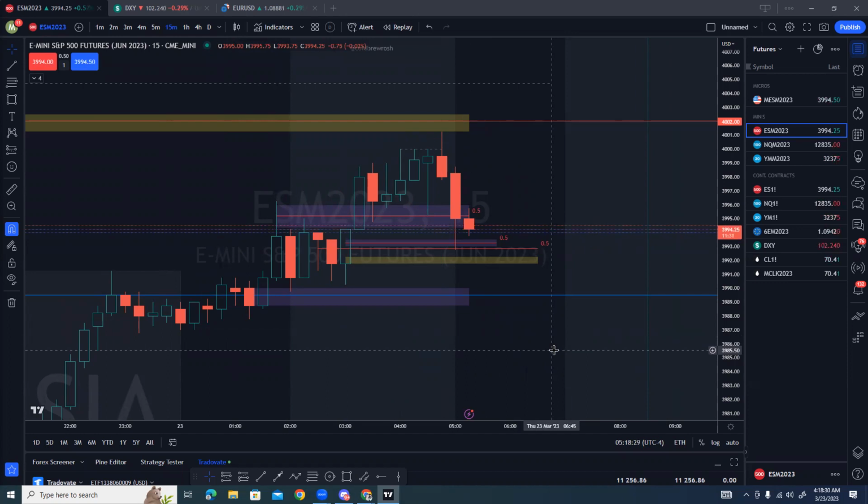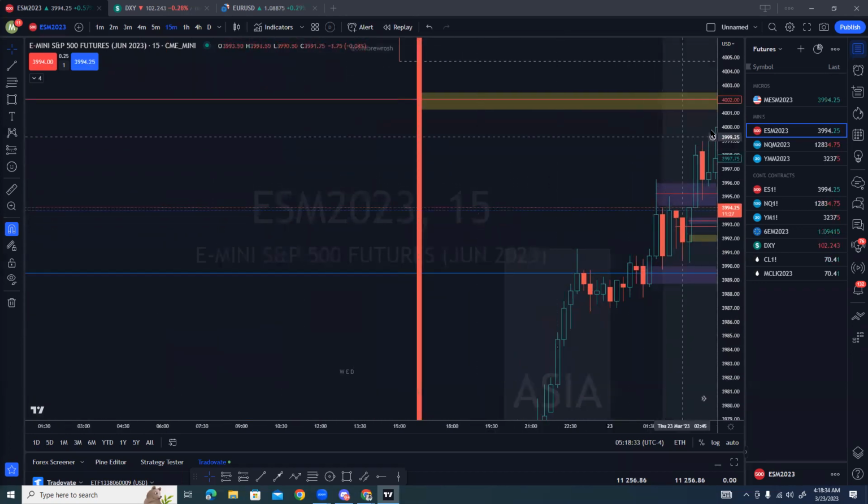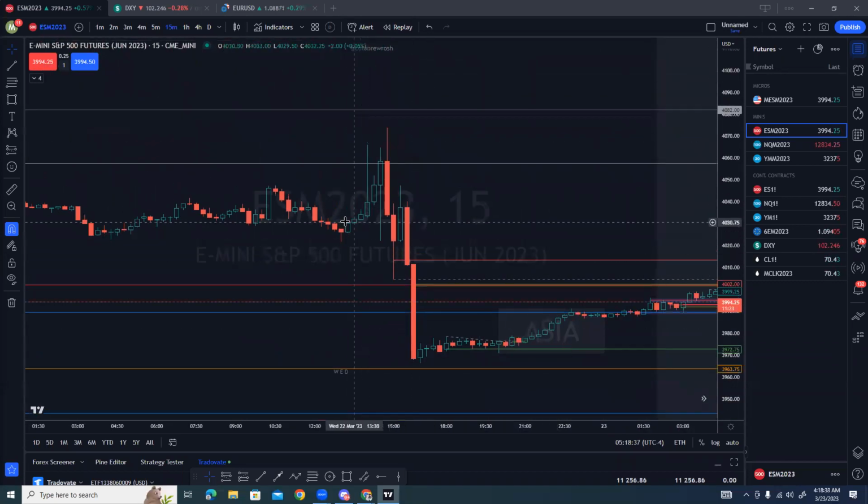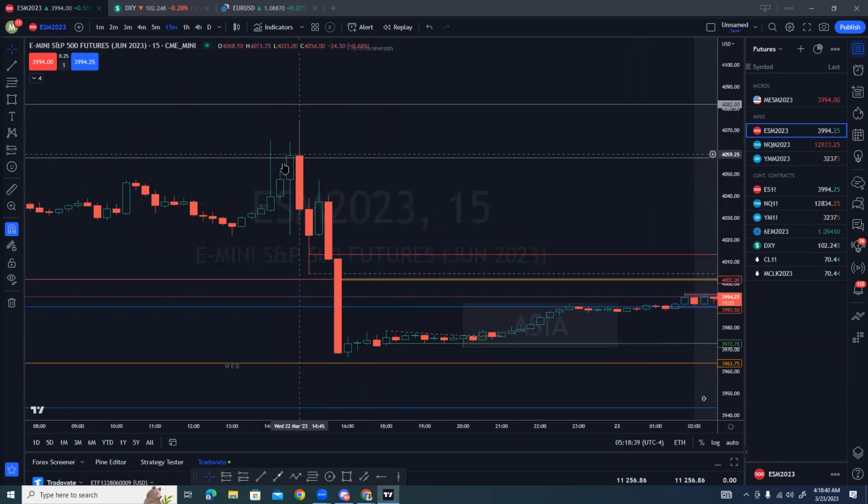Awesome. That's awesome. Because here's the thing, you can get to a point where you are comfortable enough taking that short when it breaks down.